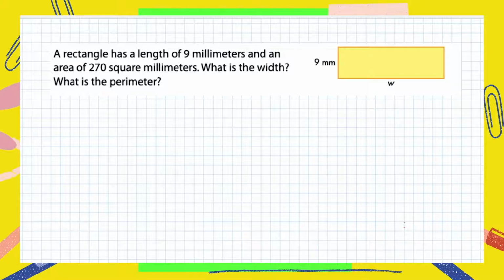We have time for one more problem. So let's put what we know about perimeter and area together. Let's take a look. A rectangle has a length of 9 millimeters and an area of 270 square millimeters.